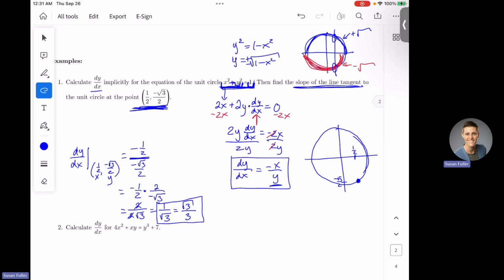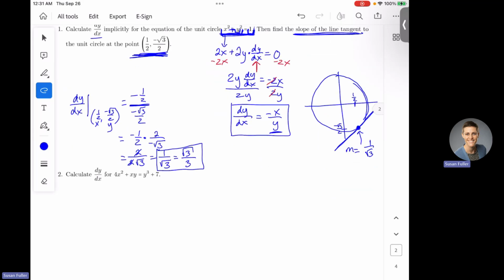And what we found was that the slope of the tangent line there, which looks something like this, the slope of that line is 1 over root 3. If you plug that into your calculator, you'll find it's a little bit smaller than 1. But that looks like a line with a slope that's in the vicinity of 1. So that looks legit to me. I feel really good about that. And hopefully you can see what that means. We're still just plugging our point into our derivative to find slope, but now we just need to plug both x and y in to find the slope instead of just x.